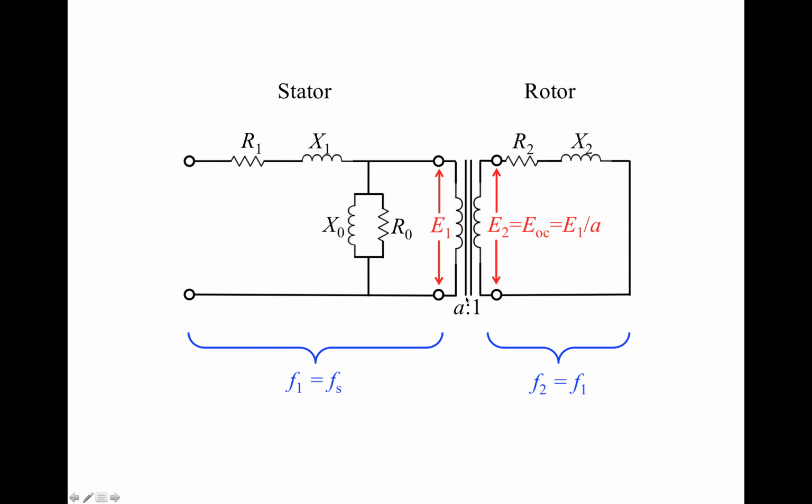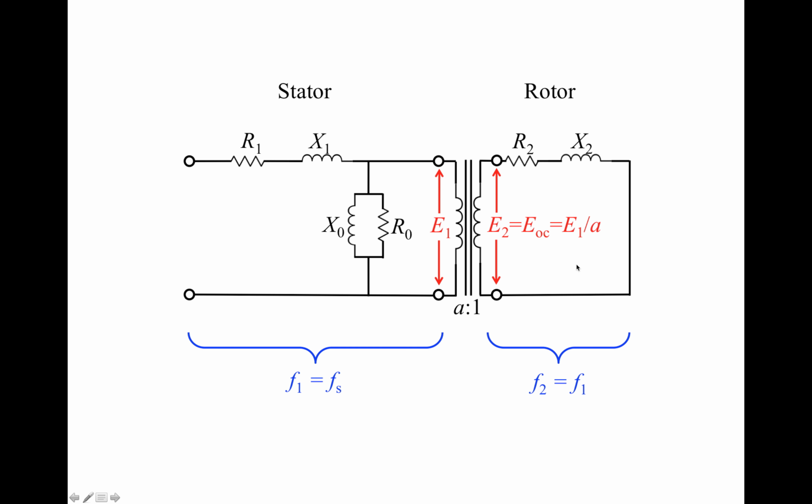E1 divided by A only accounts for the turns ratio, but you also have to account for the fact that the rotor is rotating. So if the rotor is rotating, E2 actually equals S times EOC, the open circuit voltage. So it becomes S times E1 divided by A. If you have a rotation, then E2 is going to have a factor S multiplied into it. That's one of the differences.